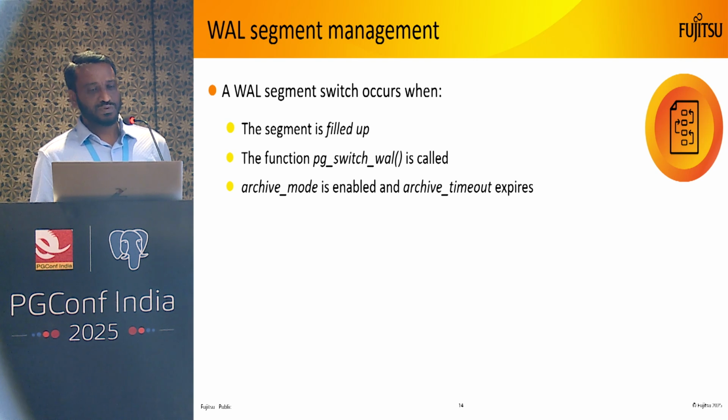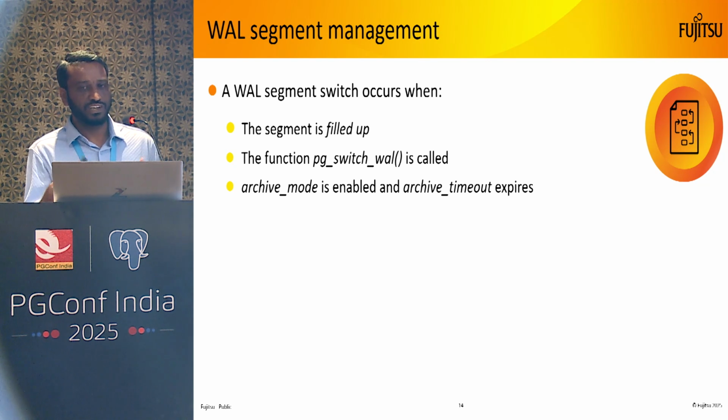So I told each WAL segment is 16 MB. Once this 16 MB is filled up, I will create a new WAL file. Suppose after you do some operations you want to start a new WAL file, you can do a switch. Or if archive mode is enabled and archive timeout expires, we will create a new WAL file.